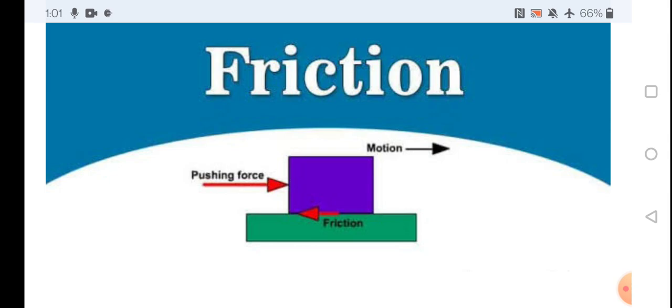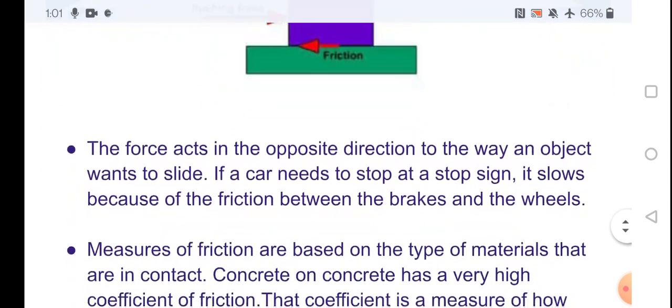The pushing force and motion will be in the same direction, whereas the friction is always in the opposite direction. The force acts in the opposite direction to the way an object wants to slide. If a car needs to stop at a sign, it slows because of the friction between the brake and the wheels.